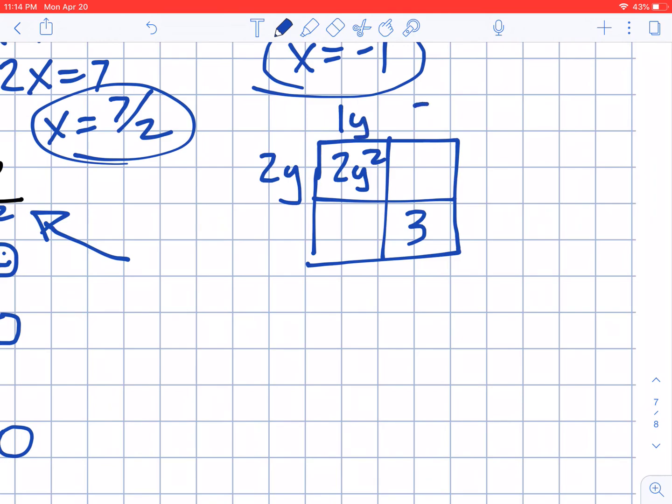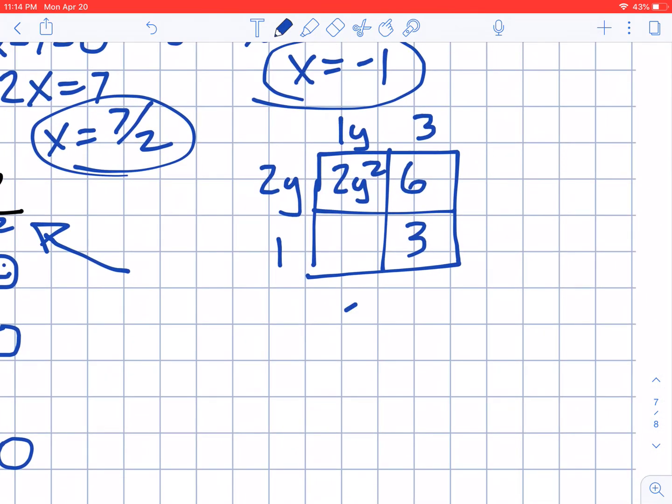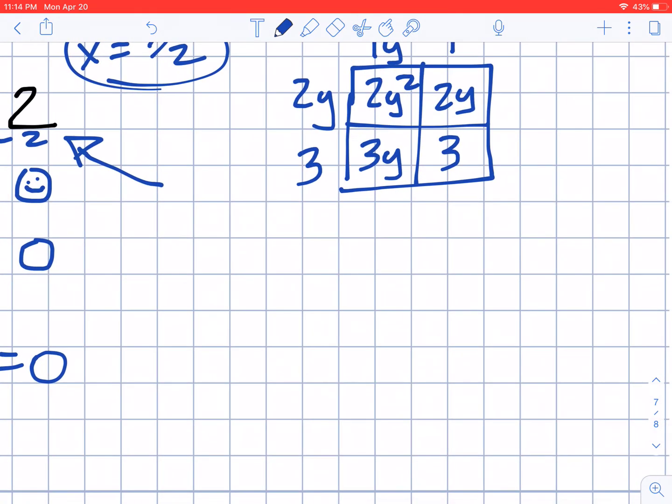Again, I don't think I want the 3 here because that's going to give me a 6, right? And I'm not going to be subtracting because this is all positives here. So I'm going to delete the 3 and put the 3 down here and put the 1 up here. That gives us a 2y and a 3y, and 3y plus 2y is 5y. So I think we've factored it.